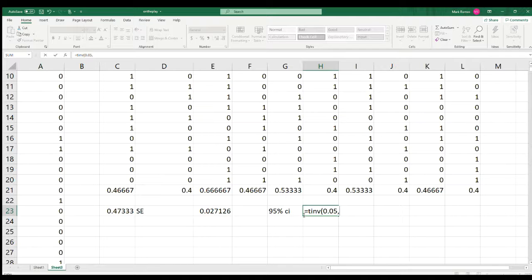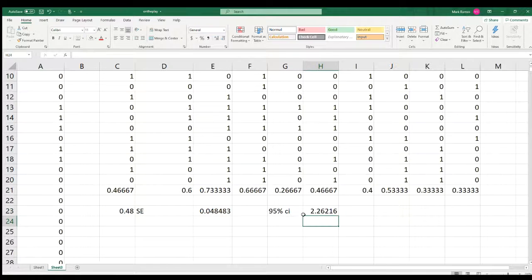Degrees of freedom is the sample size minus 1. So if we let the sample size be very, very large, it will eventually get to the same number, 1.96. But in our case, we only have a sample size of 10, so degrees of freedom is 9, 10 minus 1. And so the value that we need is 2.26.